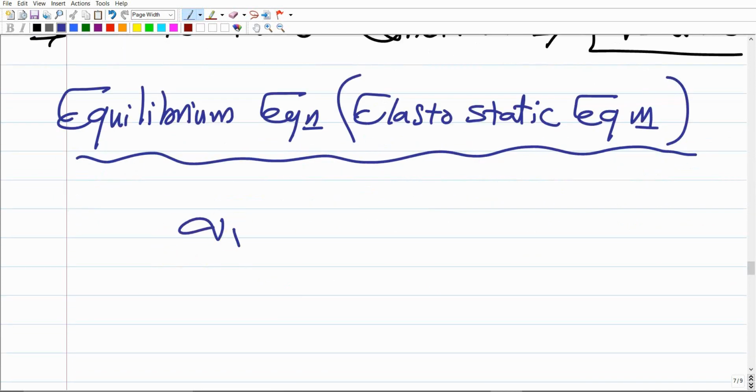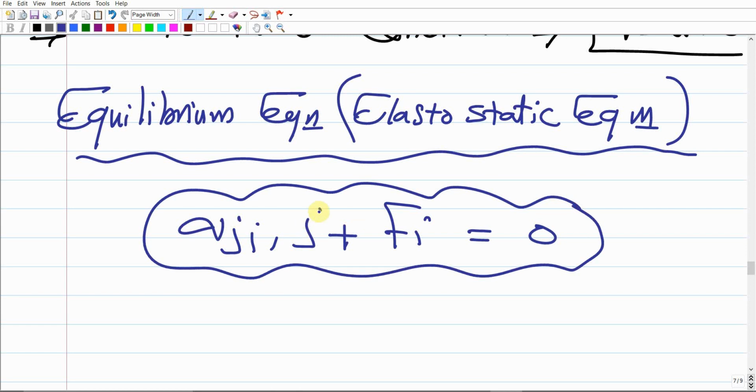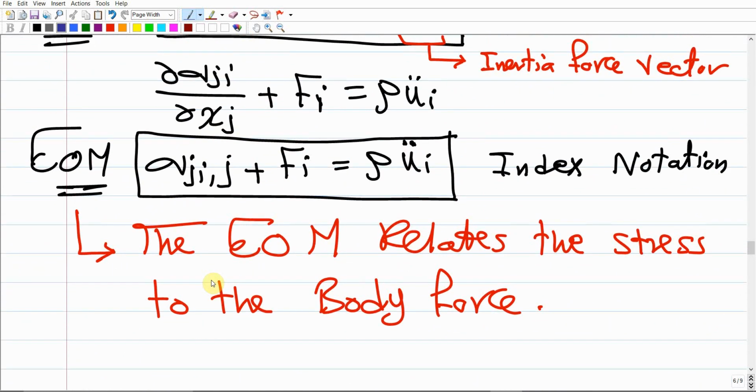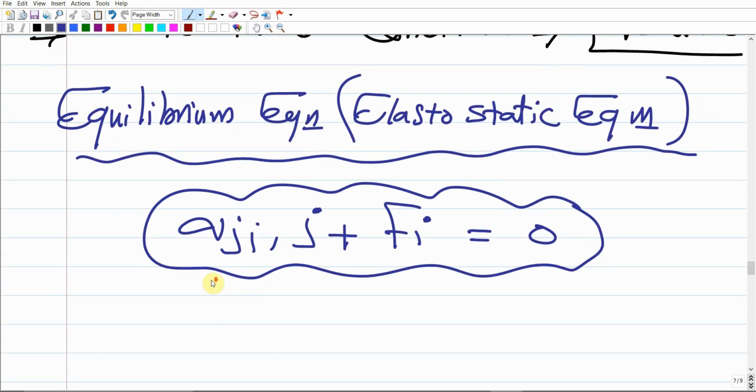It will be sigma ji comma j plus Fi, the same equation, but the right hand side definitely is gonna be zero. Why? There is no inertia, there is no acceleration, since we're already working as static. So people agreed to give this equation the name equilibrium equation, which is typically the same as the equation of motion, but just for this special case that we have elastostatic equilibrium, so we used to give it the name equilibrium equation.